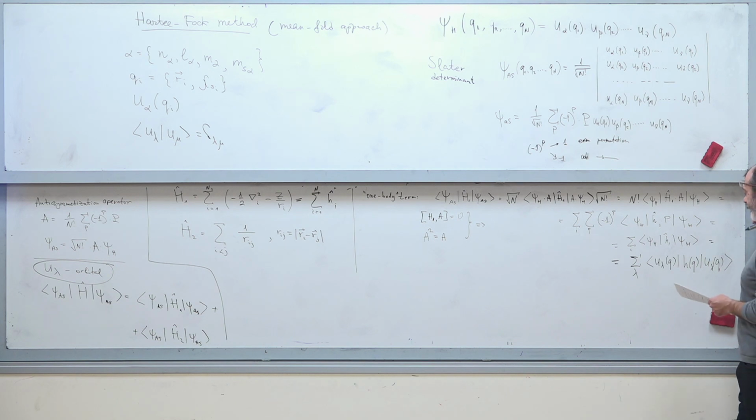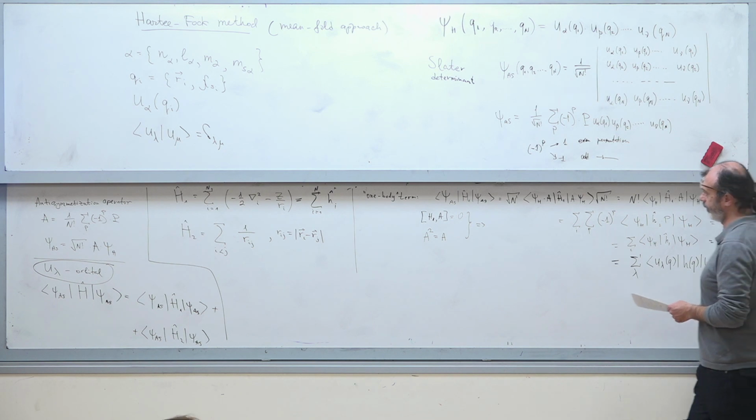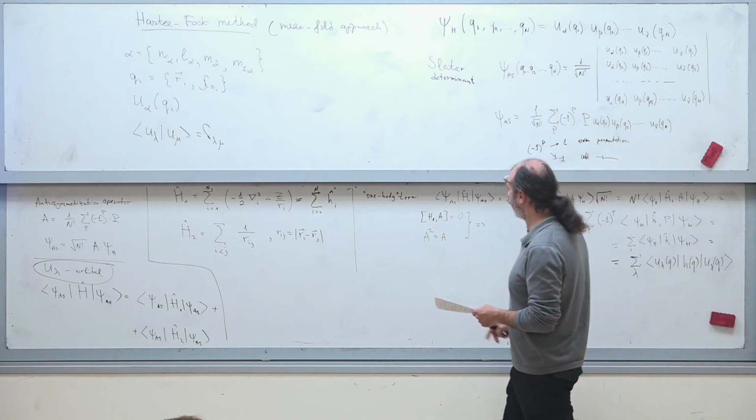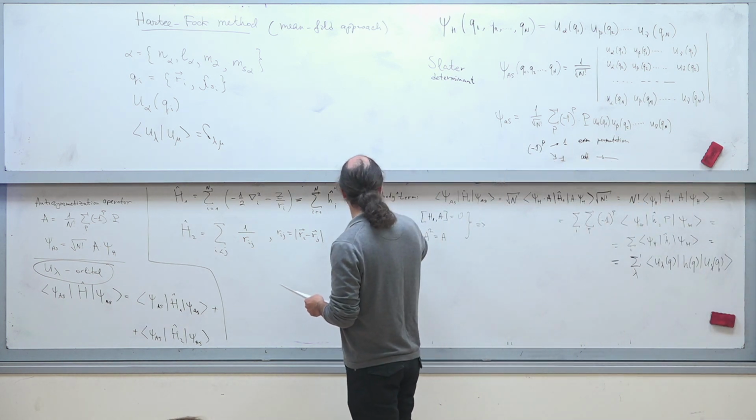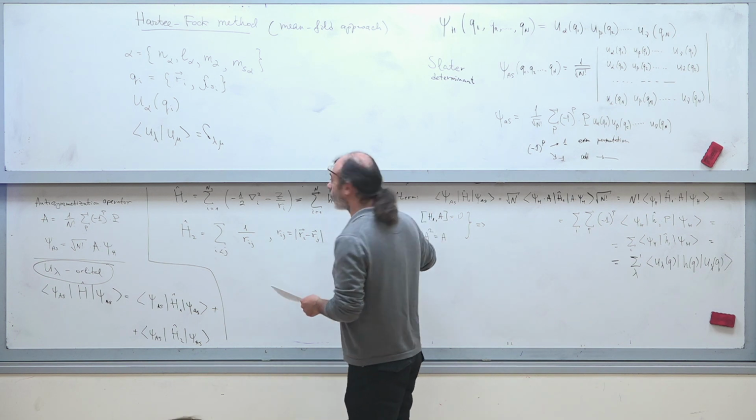That's the first part of the story, the Hamiltonian that takes care of the one-body type.